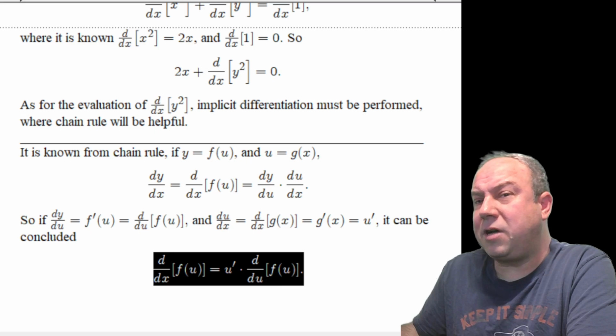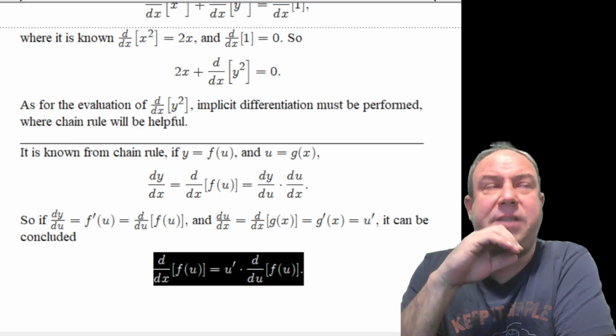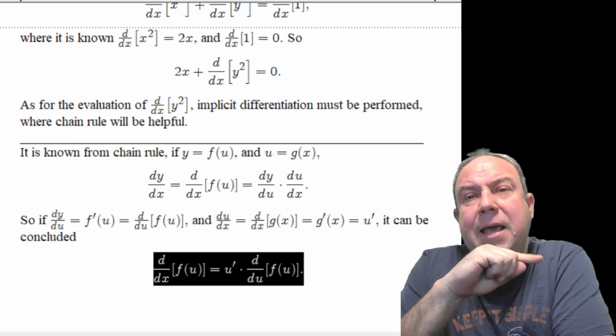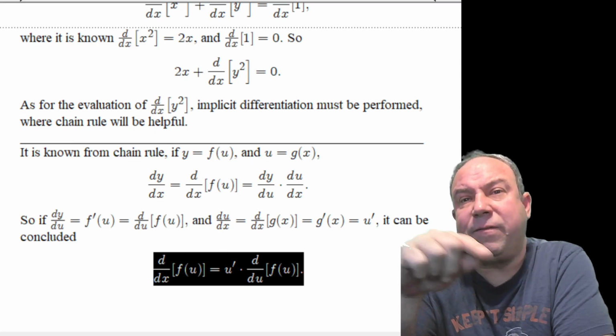And this becomes our fundamental understanding in implicit differentiation.